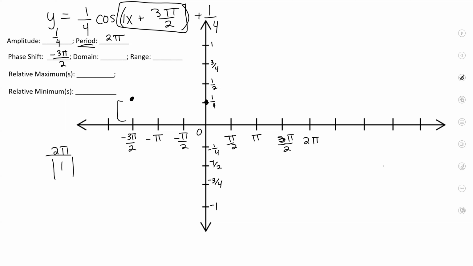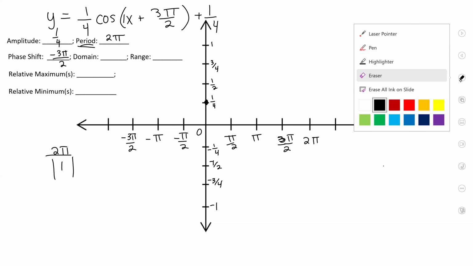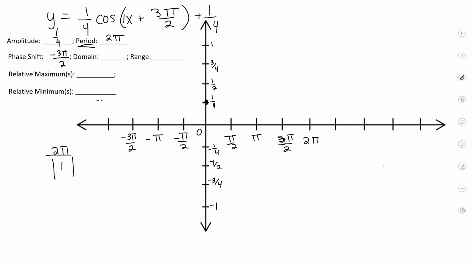Oh, but where's my midline? 1/4. So my midline is right here at 1/4. Let me draw my midline. This value right here is your D value, 1/4. So that's my midline, and I have to be 1/4 away. So I know it'll be right here.